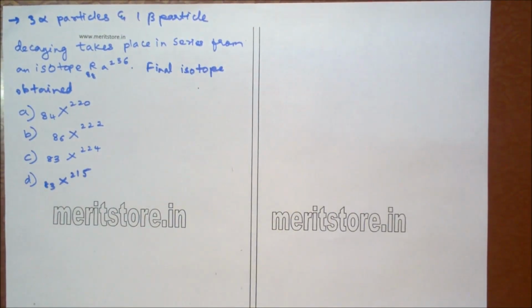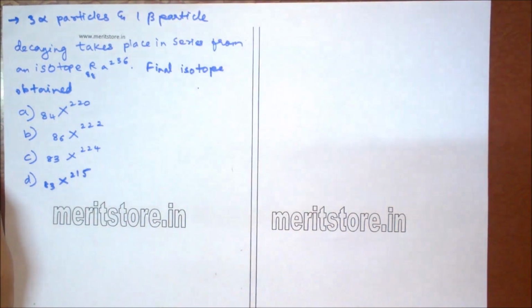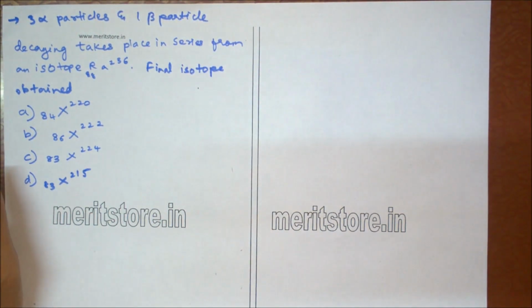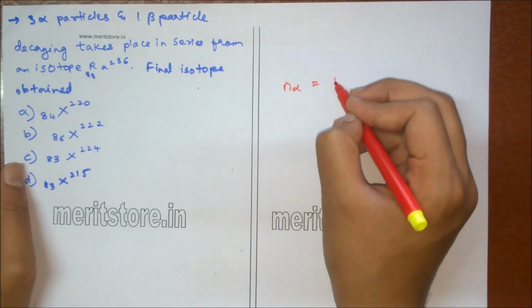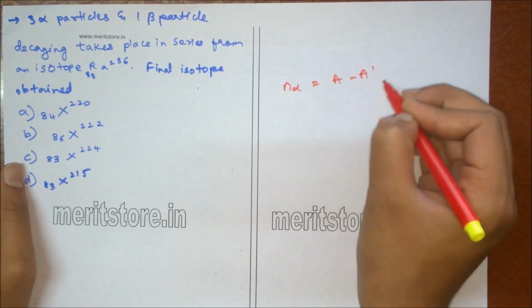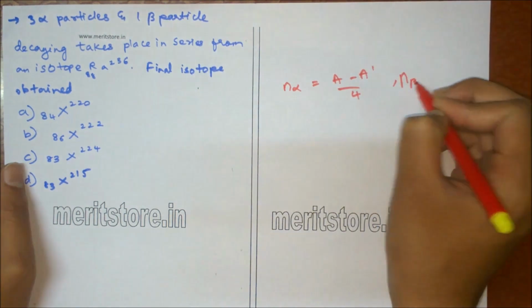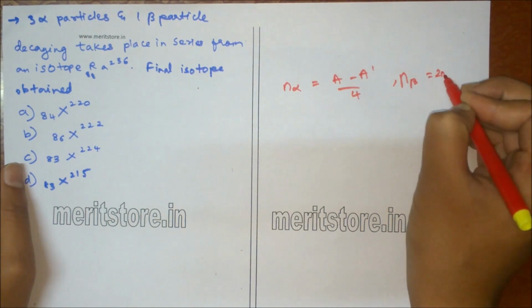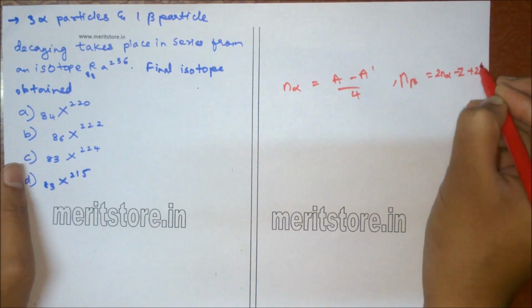3 alpha particles and 1 beta particle decay takes place in series from an isotope of radium of mass 236 and atomic number 88. The final isotope obtained is? So using n alpha is equal to A minus A dash upon 4, and n beta is equal to 2 n alpha minus Z plus Z dash.